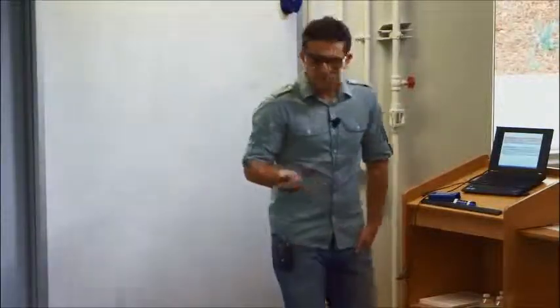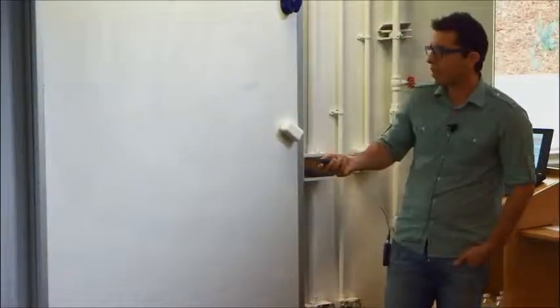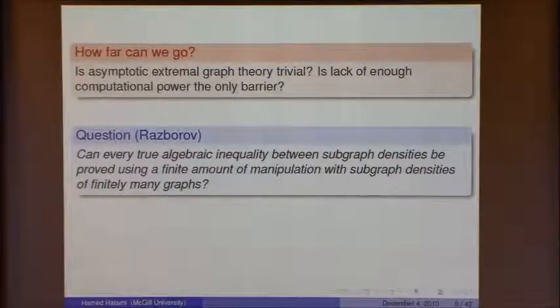Razborov actually writes this, a direct quote from his paper on flag algebras. He states that he thinks this is the most important problem in extremal combinatorics: is it true that every true algebraic inequality between subgraph densities can be proved using a finite amount of manipulations with subgraph densities of finitely many graphs?